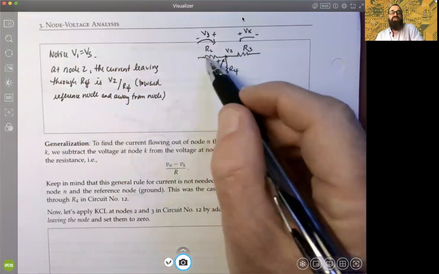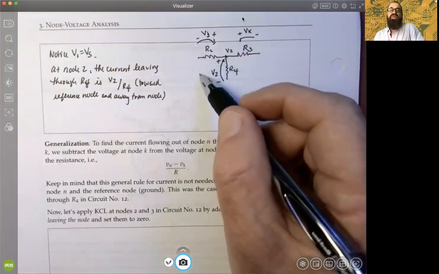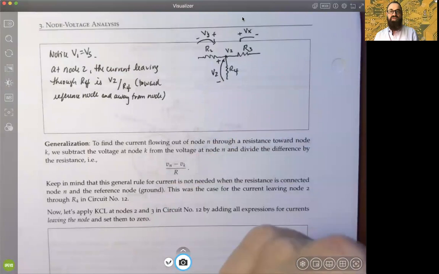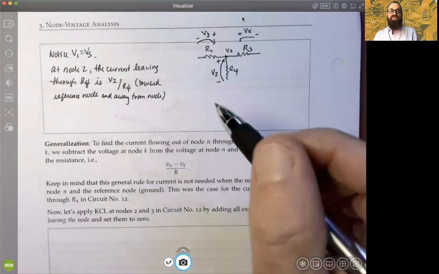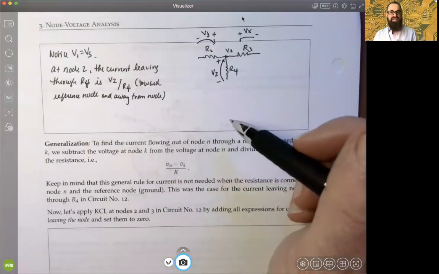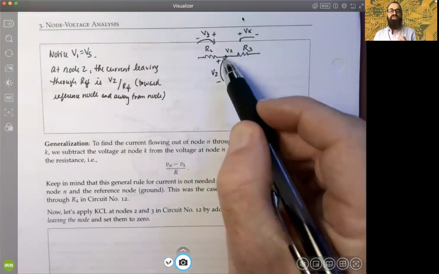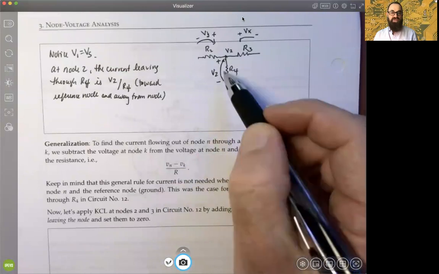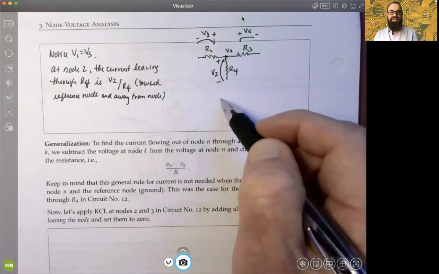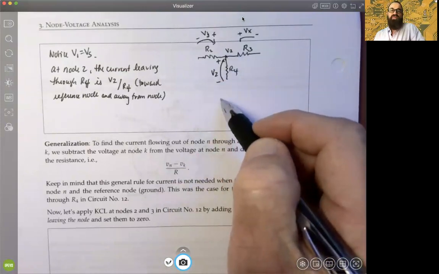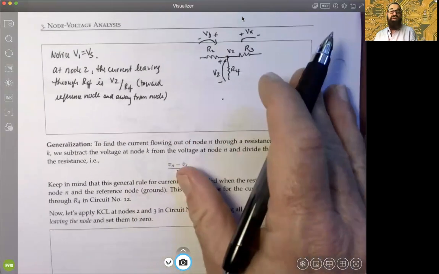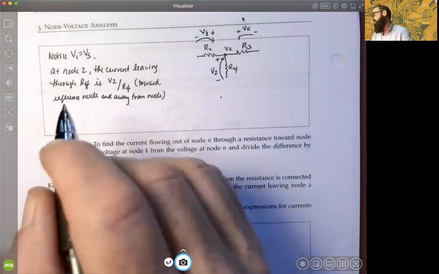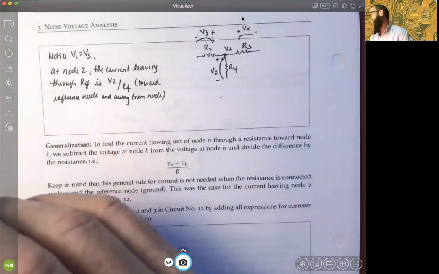So what we discovered in the previous page is that the voltage across these circuit elements is the difference between the node voltages. But the voltage at the ground is 0, okay? So whatever the voltage is here, we're doing V2 minus the voltage at the ground, which is 0, again divided by, according to Ohm's law, that resistance R4. So that's that current, okay?